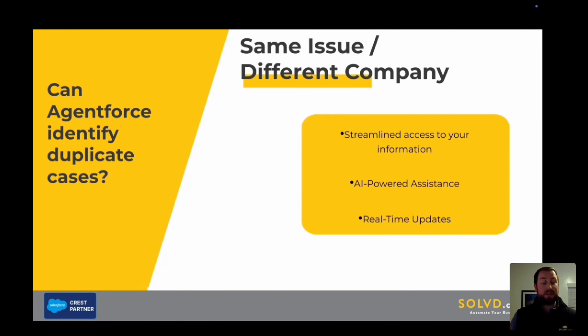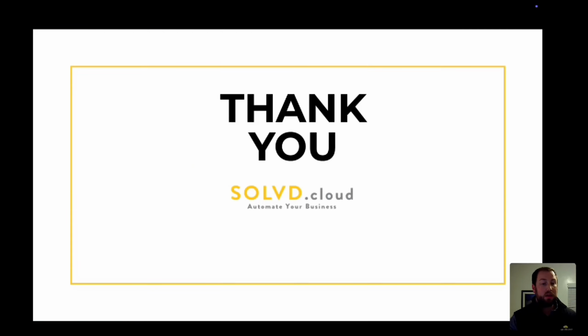Automated case classification. We can see, hey, we already worked through this with Jim. Here's another situation, even though it's at another company, we already have a solution. And let's suggest some of those field values so that we can work through it quickly and efficiently. If these are things that you are running into, some concerns that you and your team have, please feel free to reach out to us.